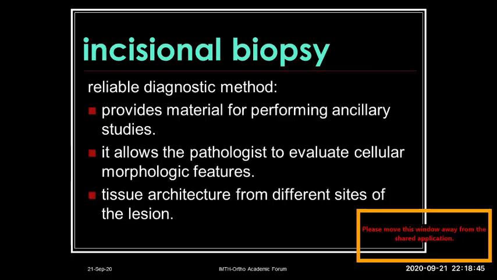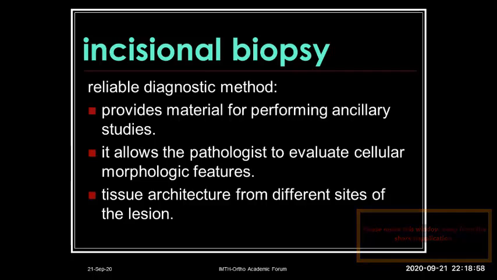In the past, they relied on that method because it provides material for performing ancillary studies. They have abundant tissue. They can use immunohistochemistry, cytogenetic studies, and other studies they want to do.